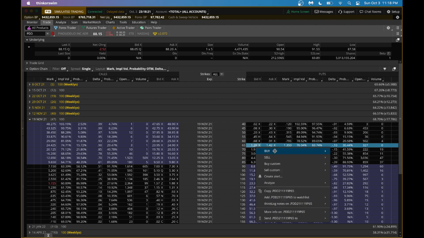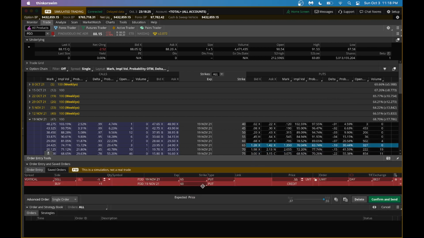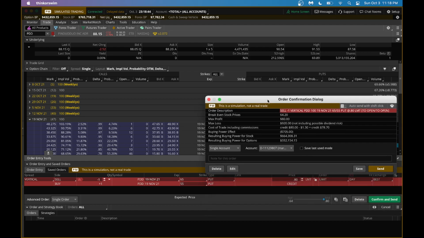You could sell that. So as you see here, 65/55. There you go. You collect 80 cents, and as you can see, your max loss is very low right now, $920. This is a little bit better strategy.